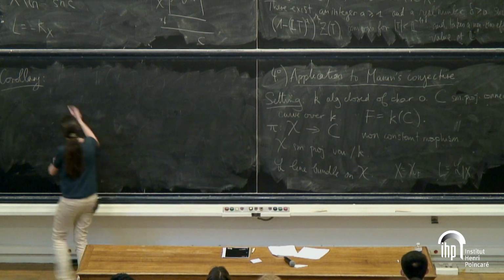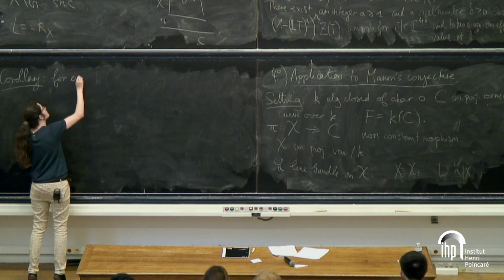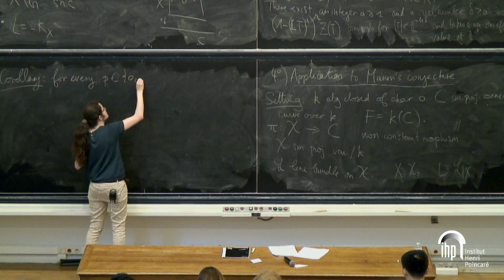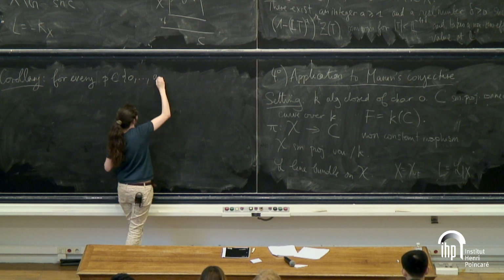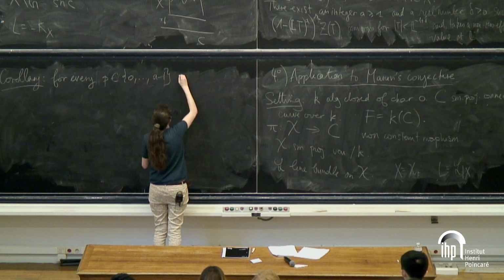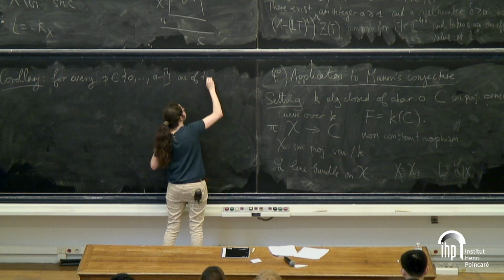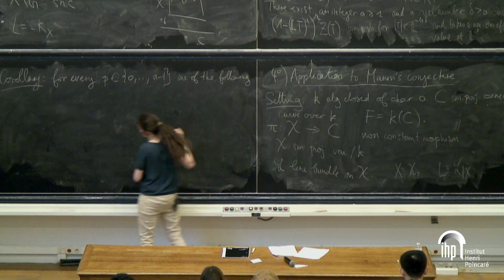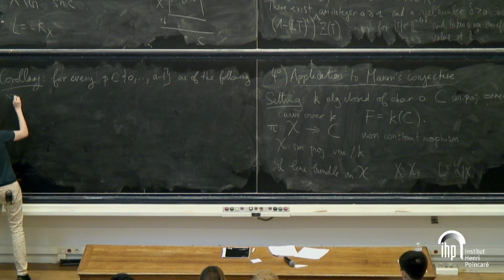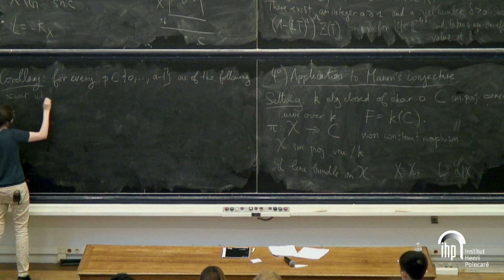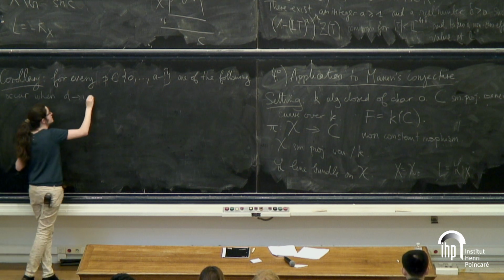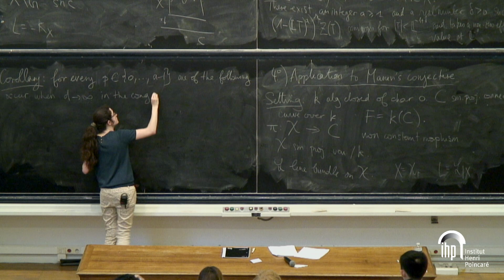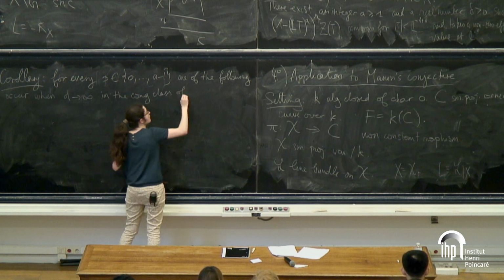So for every congruence class p between 0 and a minus 1, one of the following occurs when d goes to infinity in the congruence class of p mod a.